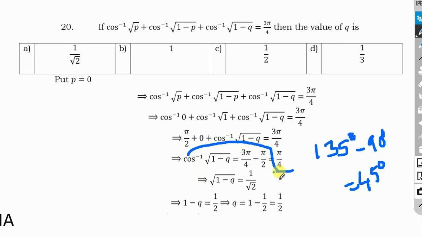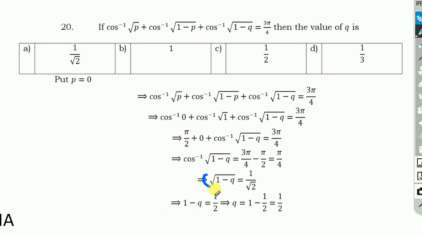Now let us apply the definition of inverse trigonometry. So therefore cos inverse of root of 1 minus q equals pi by 4 means root of 1 minus q is equal to cos pi by 4. Cos pi by 4 is nothing but 1 by root 2. Therefore root of 1 minus q is equal to 1 by root 2. So we'll square on both sides. Therefore on the left hand side I will get 1 minus q, on the right hand side I will get 1 by 2.